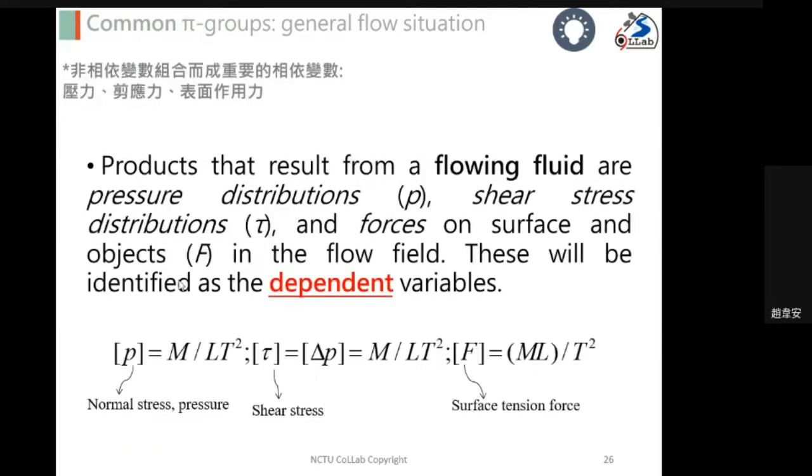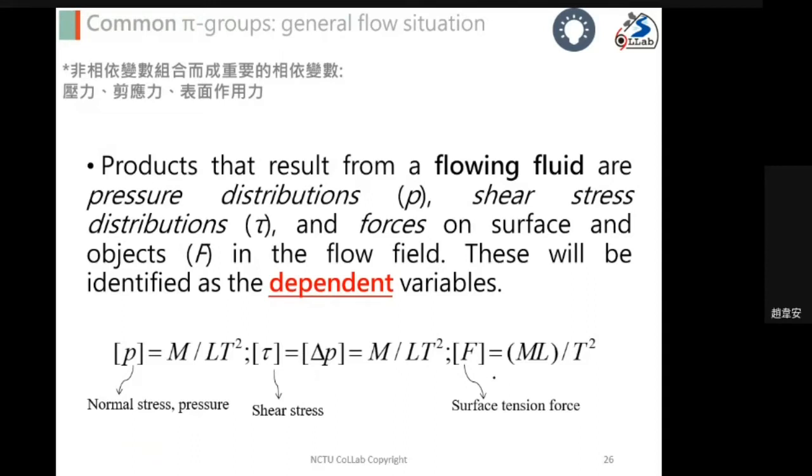And then there are the three dependent variables. The first one is the pressure. In hydraulics, we call the pressure a normal stress. And we have the shear stress from the viscosity effect.